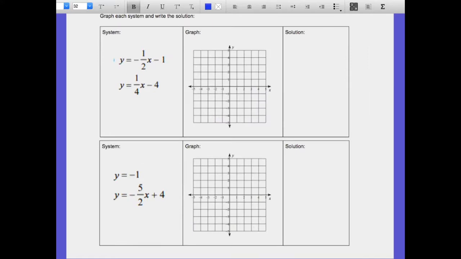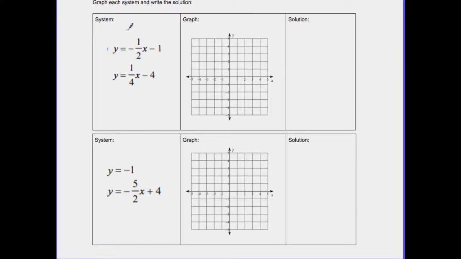All right, now let's look at how do we graph a system. So look at the form they're in. These are in slope-intercept. So I'm going to identify, I have m here, this -1/2, and I also have b here, this -1. All right, recall to graph these, we begin with b, -1.